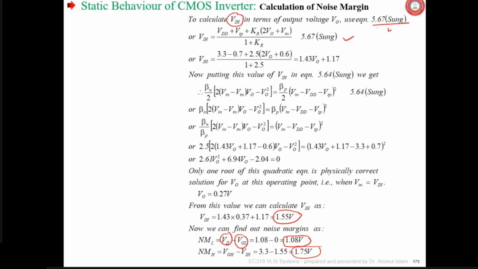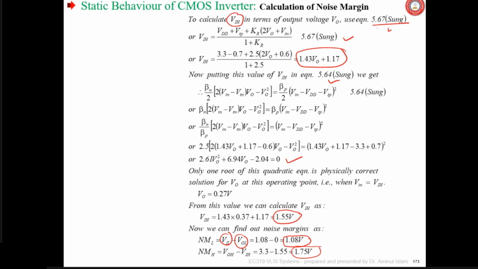This is nothing but the equation which we have already derived. So put these given values and get the equation in this form in terms of VO. Now putting this value of VIH in equation 5.64, we get this expression. After simplification, we come up to this point.